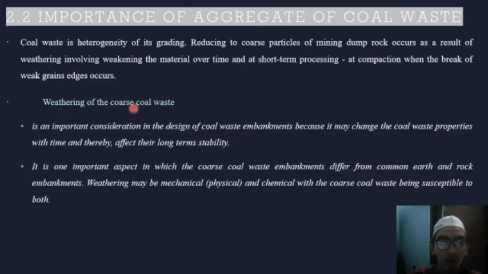Weathering of the coarse coal waste is an important consideration in the design of coal waste embankments because it may change the coal waste properties with time and thereby affect their long-term stability. It is also one important aspect in which coarse coal waste embankments differ from common earth and rock embankments. Weathering may be mechanical, which is physical, or chemical, with the coarse coal waste being susceptible to both.